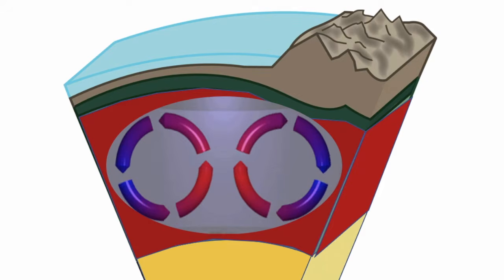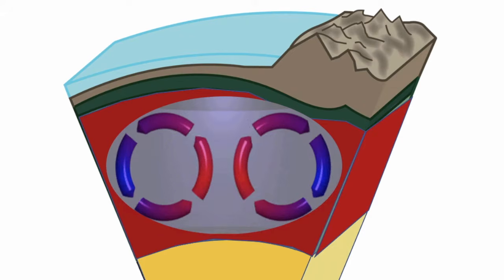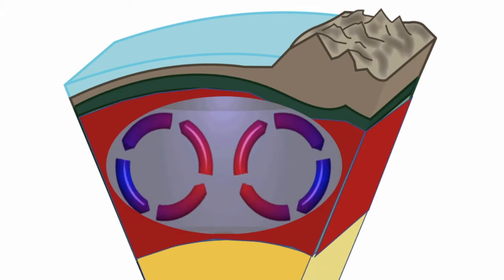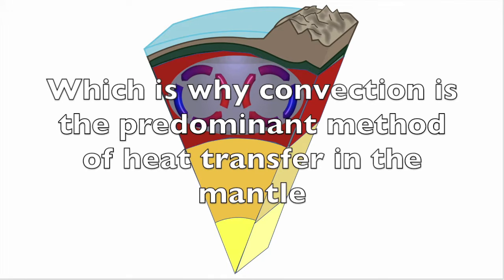Over time, it becomes denser, and it sinks back down. Eventually, the mantle material gets back to the location where the warm material is rising, and a convection current forms. The mantle can also conduct heat, but convection occurs much faster, which is why convection is the predominant method of heat transfer here.